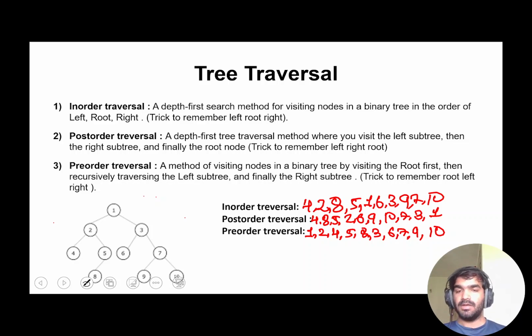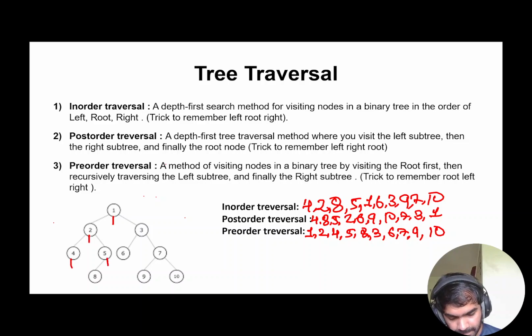So I am gonna tell you a trick about all the three. For in-order traversal, if you don't remember left, root, right, always make a line directly below all the nodes, and then start making a curvy line starting from here.